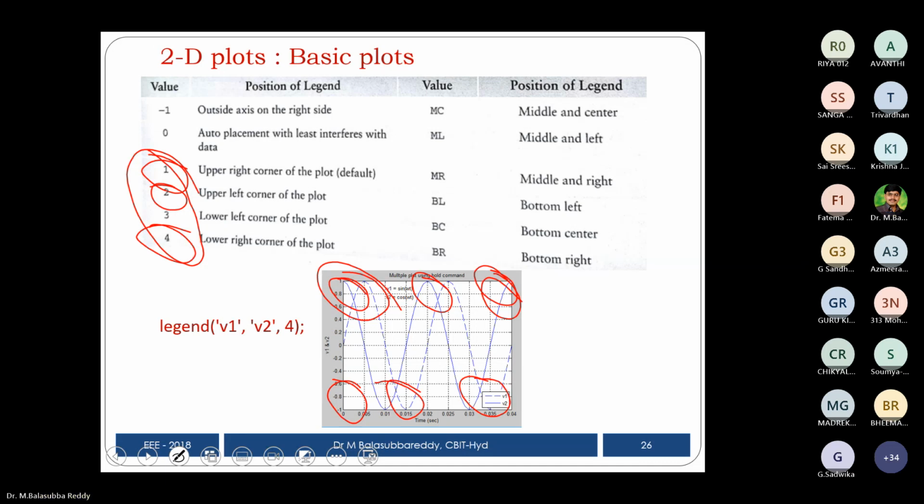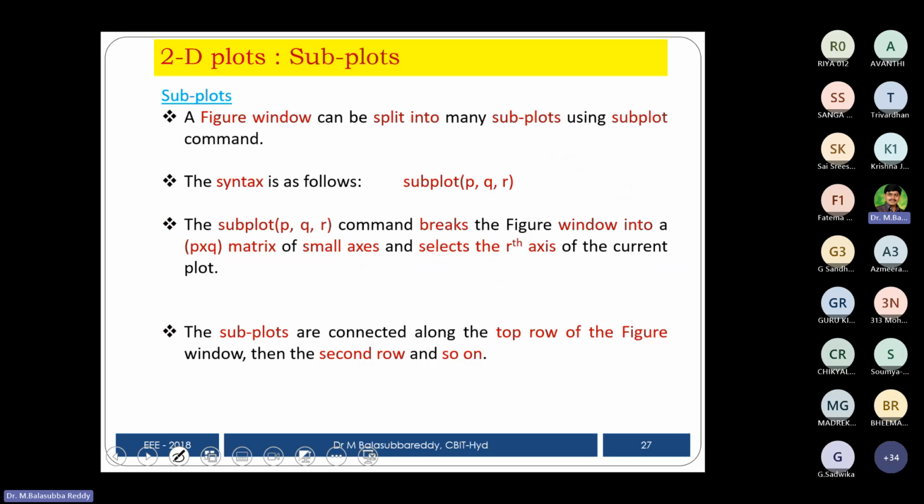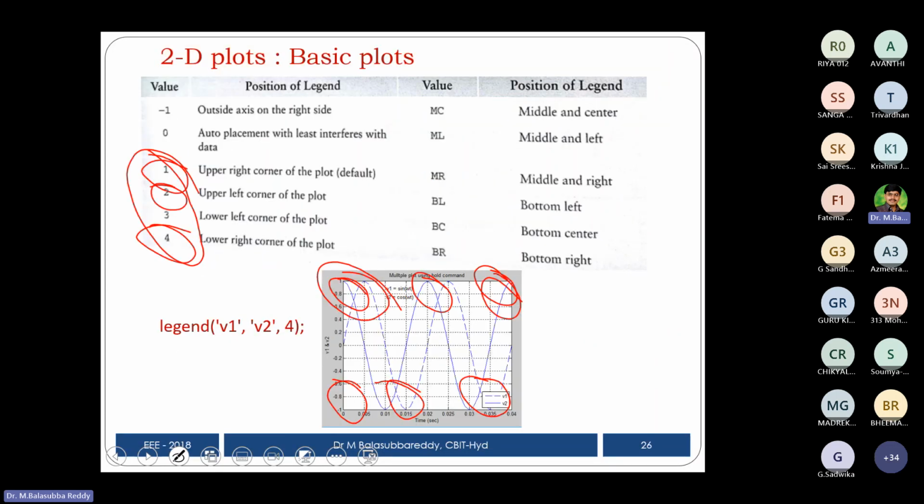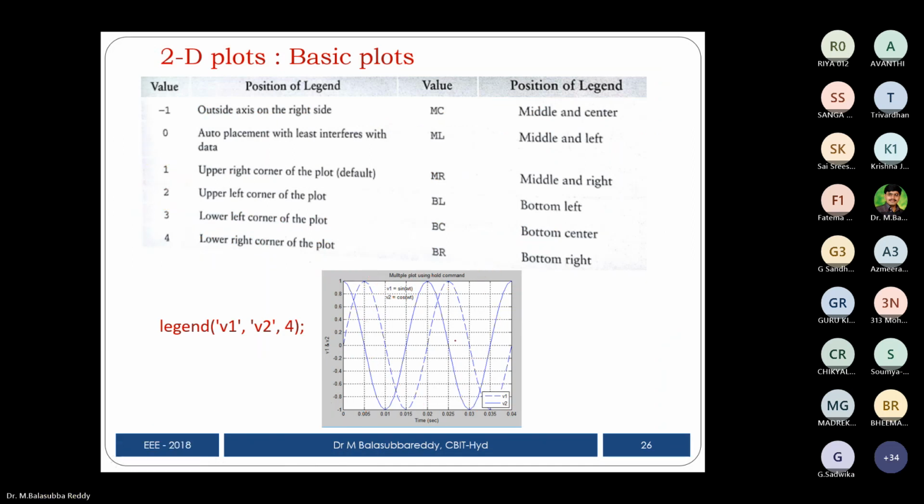Now we can see subplot, which is another requirement. So what is this subplot? In a main plot, I want to see many plots on the same graph sheet. Suppose in the previous plot you can see these two plots.